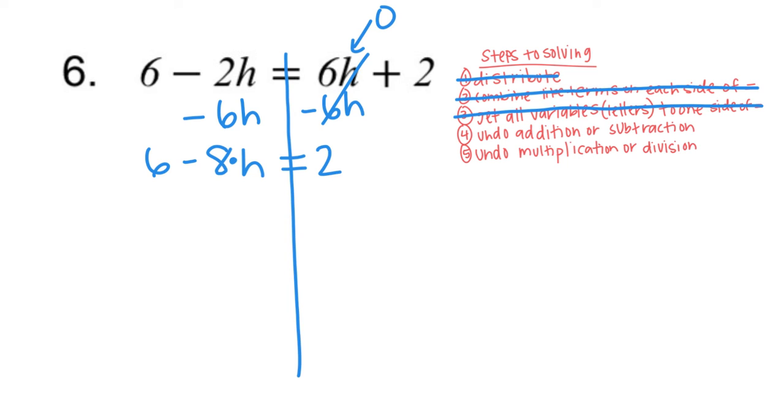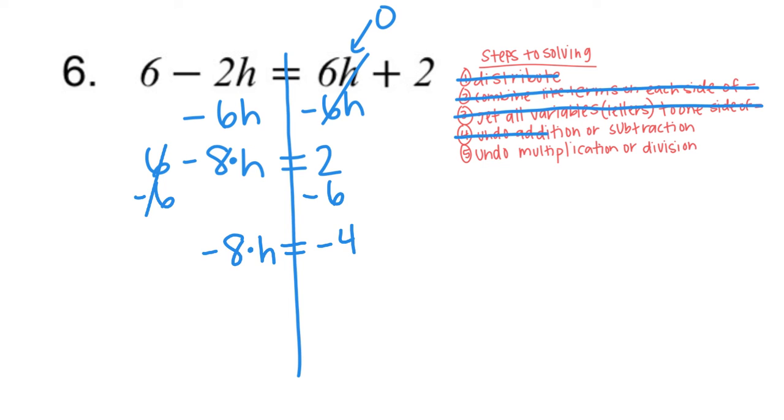So since it's +6, if I do 6 minus 6, that would be 0. And I need to do it to both sides. So let's see what we have left. I have a negative, don't forget that negative, -8 times h. And 2 minus 6 is a -4.